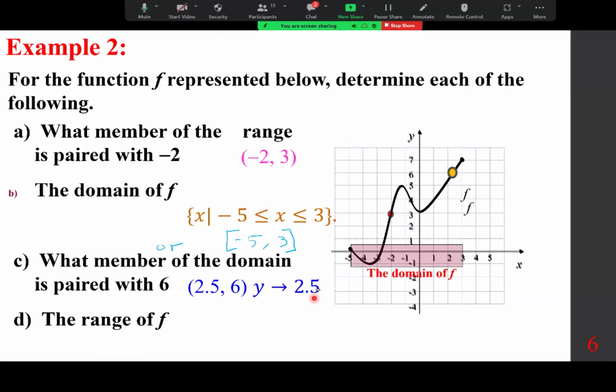So again, it may not be exact. So it corresponds to 2.5. So it gives us the pair 2.5, comma 6. And y equals 6 corresponds to x equals 2.5. So we can write it in this fashion, that x equals 2.5.